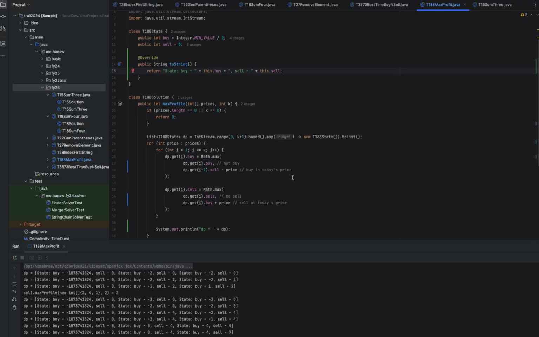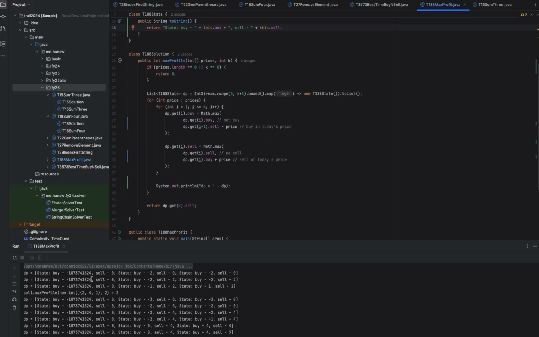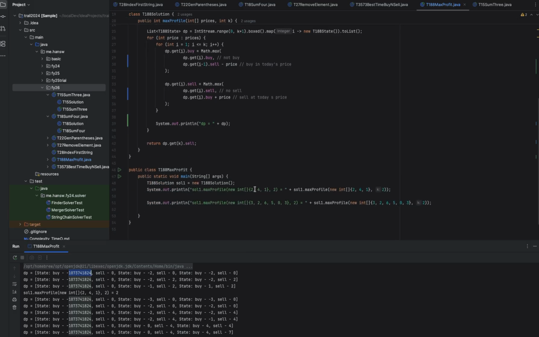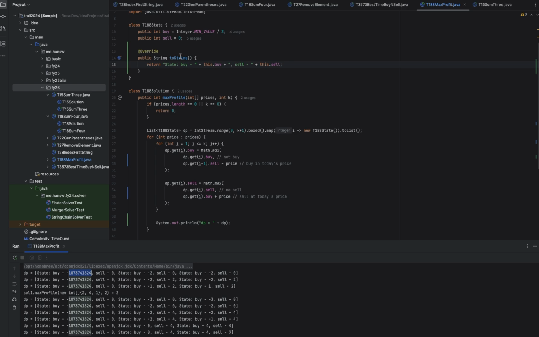So here, as we can see, the initial prices have been set, and when we go through the number 2, it starts initializing the buy and sell.